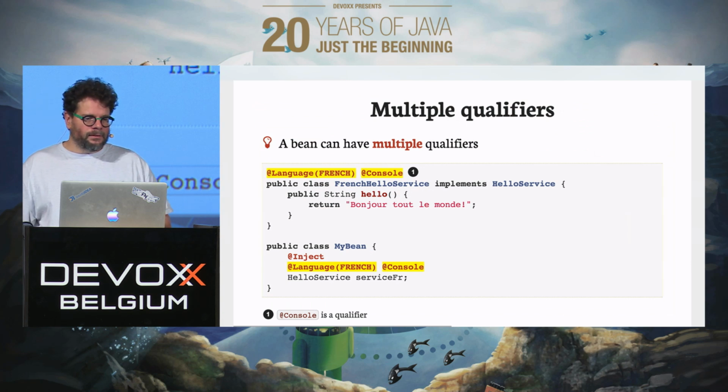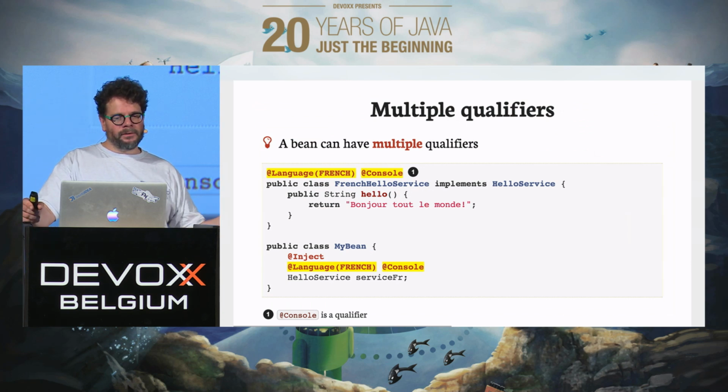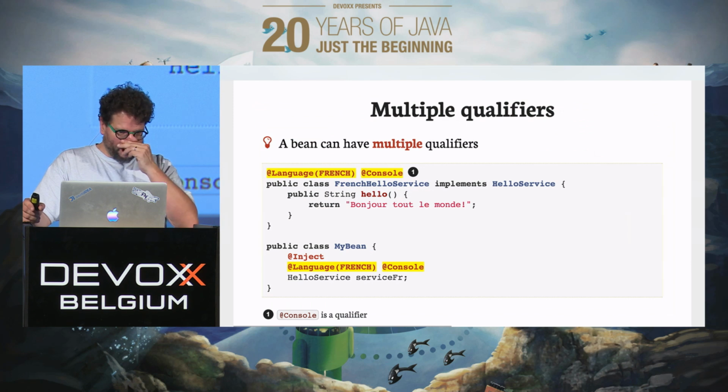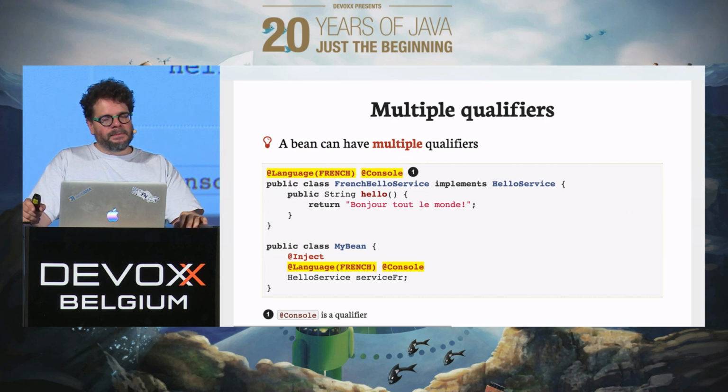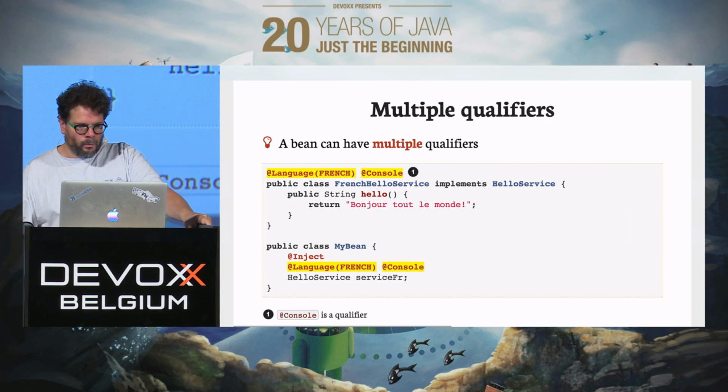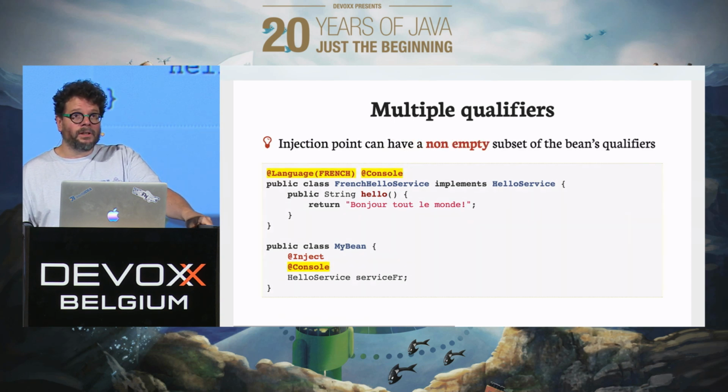Another nice feature is the possibility to add multiple qualifiers on one bin. So you can give different aspects to your bin to make it match your business approach, the way your application is designed. What you should know is that the injection point should have a subset of the qualifiers in your bin definition.